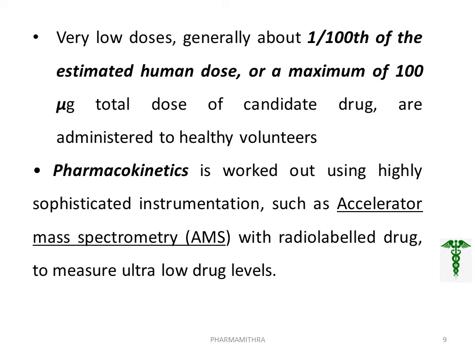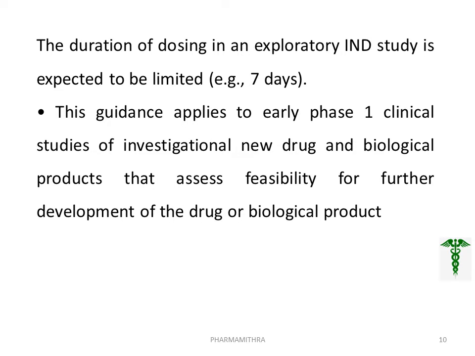In phase 0, we are using very low doses, generally 1/100 of the estimated human dose or a maximum of 100 microgram. So 100 microgram is the maximum dose. And we are checking the pharmacokinetics using a sophisticated instrument known as AMS, accelerated mass spectrometry, using a radiolabeled drug, so that we can detect ultra low drug levels.